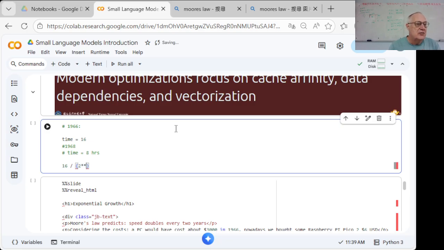Then 1970 would have been 4 hours. So it would be 2 divided by (2026 minus 1966, right?) divided by 2.